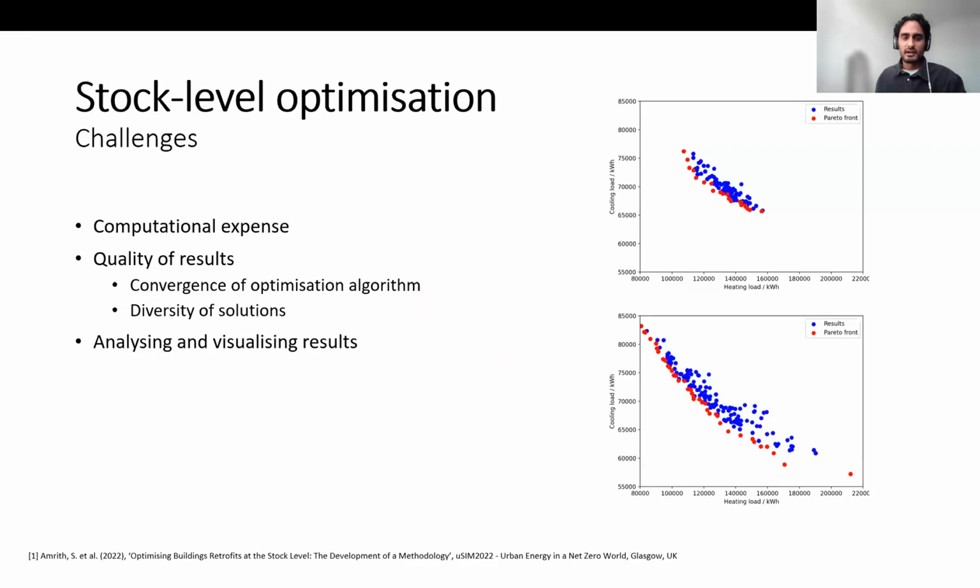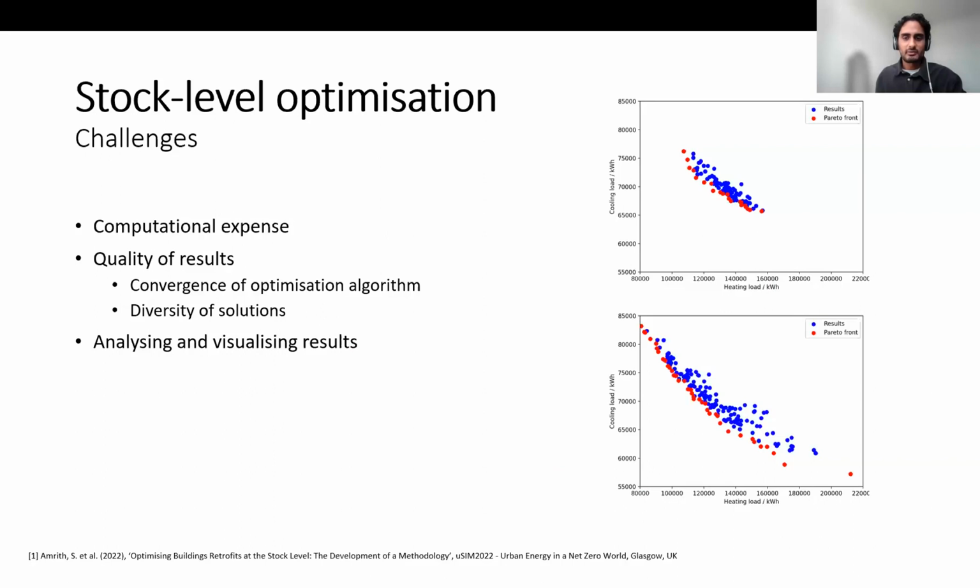I've already kind of discussed quality of results. So convergence of the algorithm refers to its ability to find this Pareto front. And sometimes when there are loads of parameters, it can struggle to find a nice Pareto front. But on the flip side, sometimes it will converge too early. And this is what we're seeing here, where it's converged on this small area, meaning that the diversity of solutions is not very good.